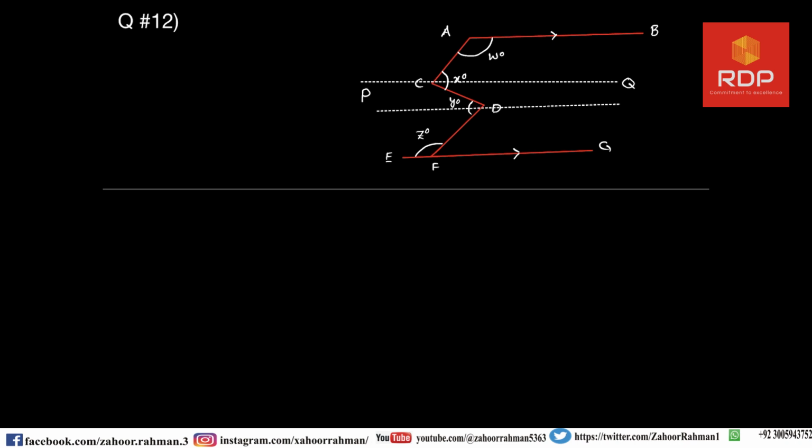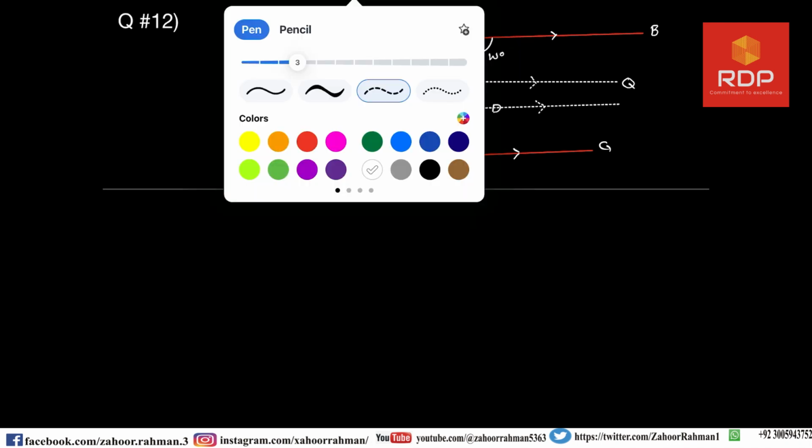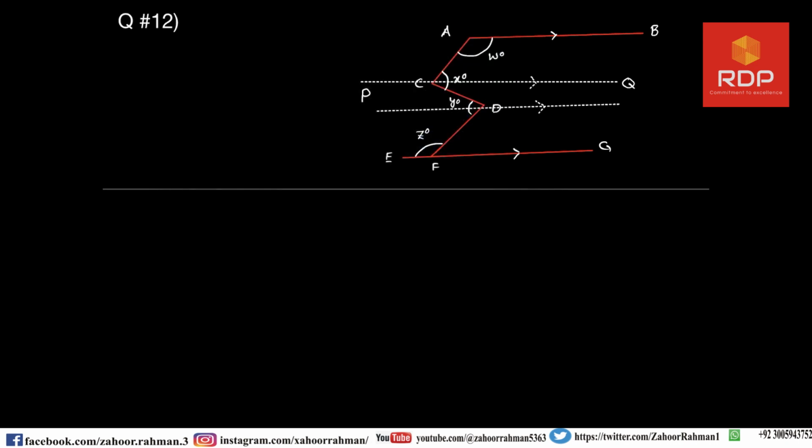You have to consider it is not to the point, but you have to consider it to be parallel. These are also parallel lines, this line and this line. So I am labeling this R and S.